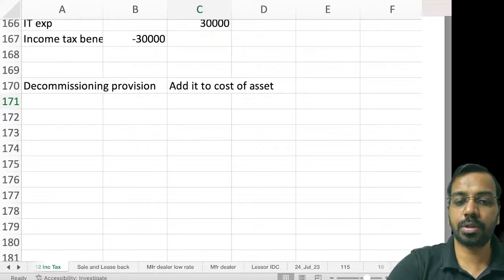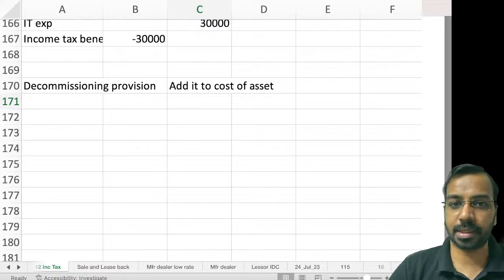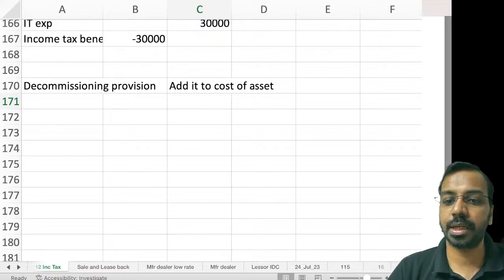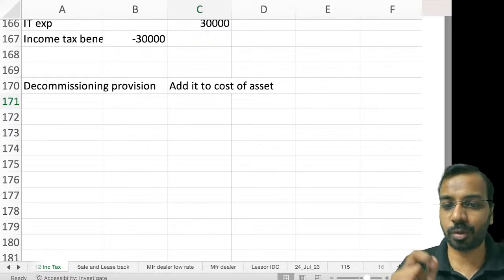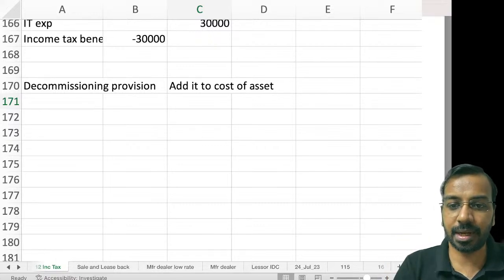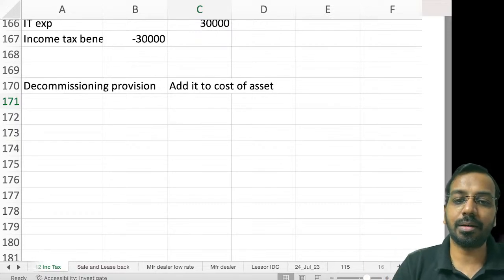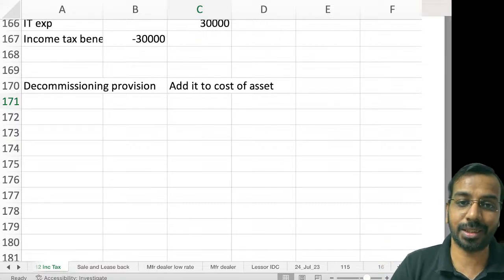Decommissioning, as per books of accounts, you will add it to the cost of asset. Now, the next question is, will you add that decommissioning cost in the cost of asset as per the taxation provision?